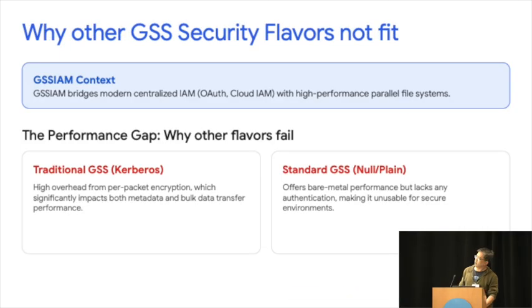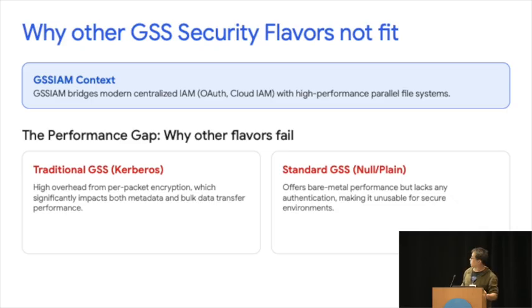Why doesn't the other GSS security flavor fit? First, GSS Kerberos adds an extra header inside each RPC. That adds extra load, especially on the client side: CPU cycles and network data, especially if you enable encryption or signing, which will probably impact your workload.